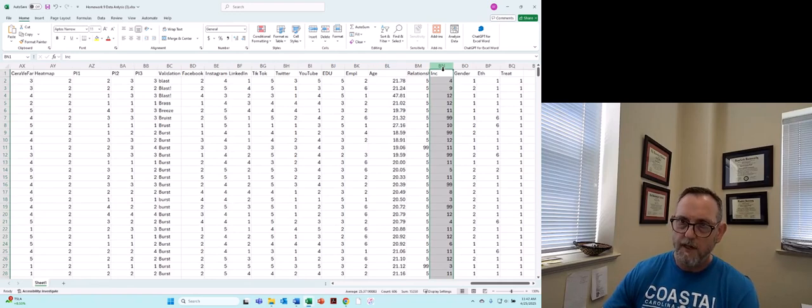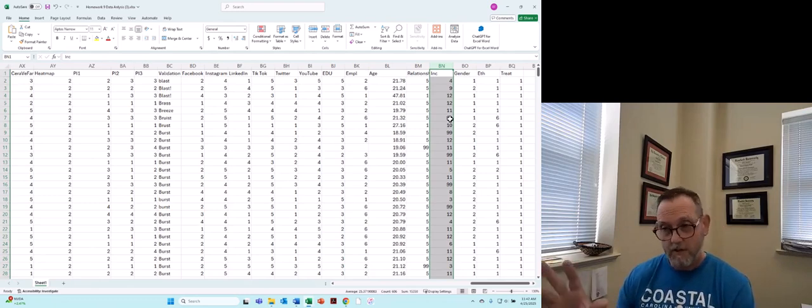So it's this column right here. Remember, if we see a 99, it means that they just preferred not to answer, and so we want to exclude them. We don't want to really consider them in the data set when we ultimately evaluate this. So we'll have to exclude the 99s, and then we'll look at the percentage of the rest of the data.